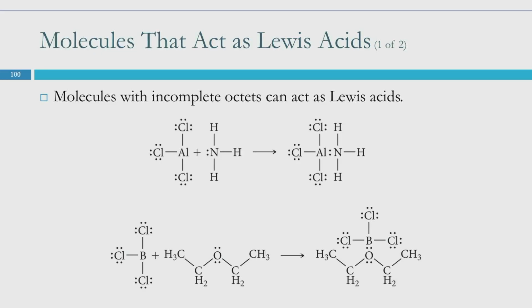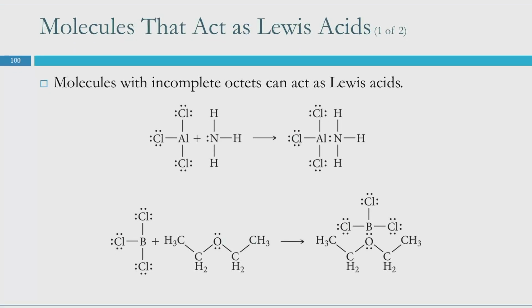And Lewis acids are nice for a couple of things. We're mainly going to be looking at aluminum and boron. I don't even think we have any examples left in the slides.